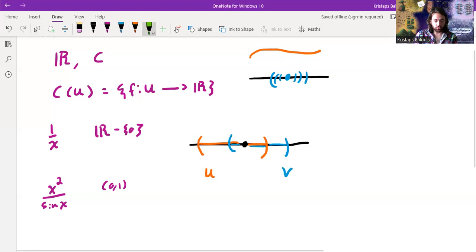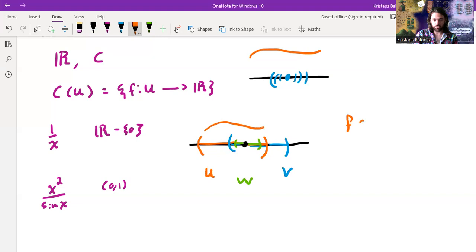And suppose even further, I have an open set W really inside their intersection. And here's what's going on. I'm going to have a function f. Let's say f is going to be a section of my sheaf over the open set U.